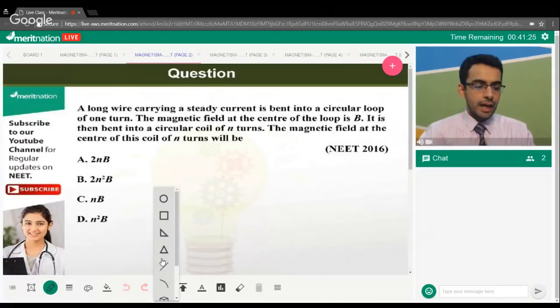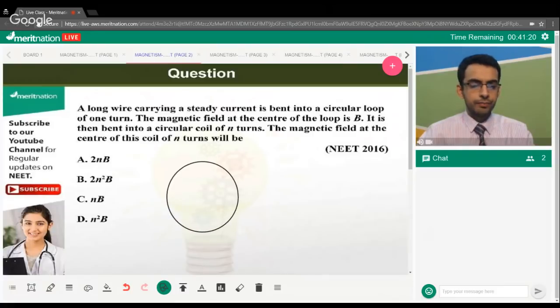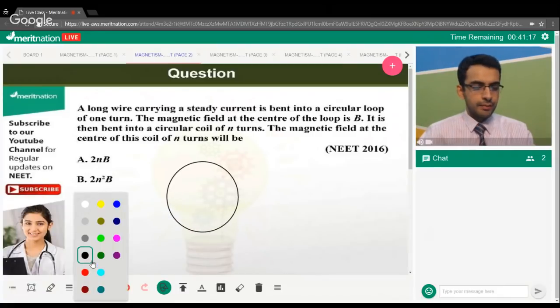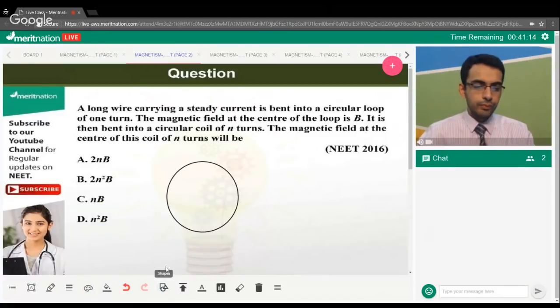So earlier we had a loop having 1 turn. Let us say the radius of this loop is capital R. As you all know, the magnetic field at the center of the current carrying circular coil is given by this formula, mu naught I divided by 2 capital R, if I is the current flowing in it.